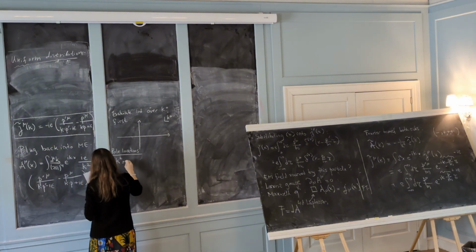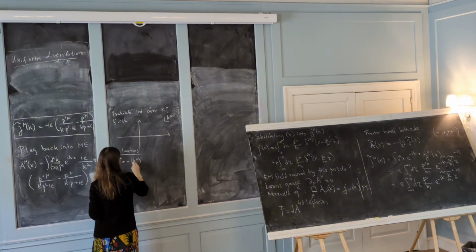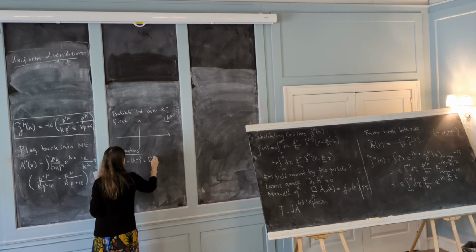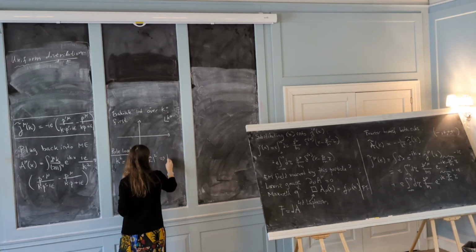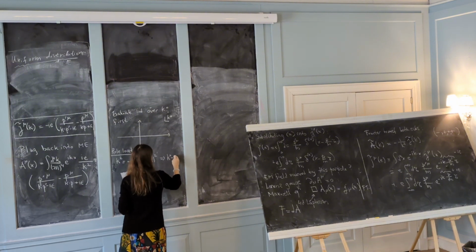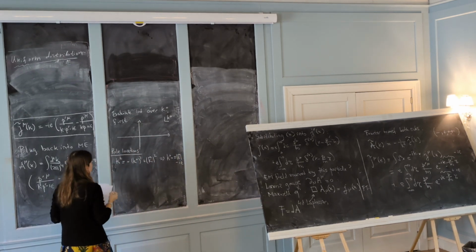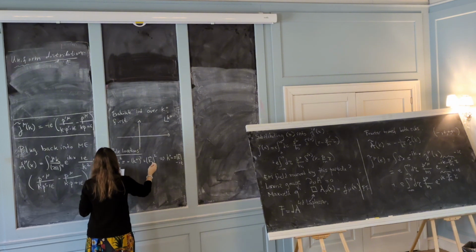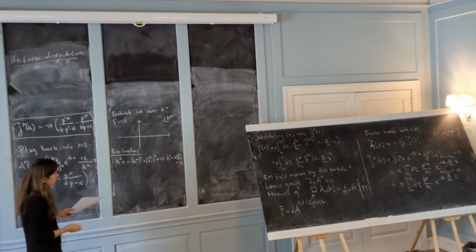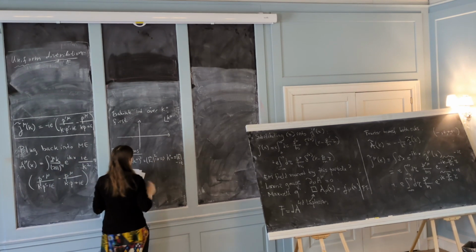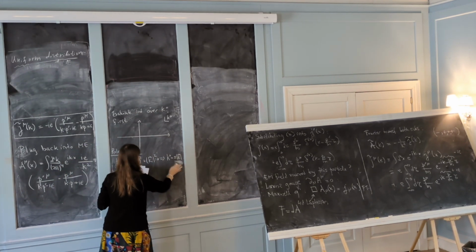And the pole locations, let me write them down explicitly. k squared is equal to minus k0 squared plus k squared. So this means that we have a pole and k0 is plus minus k.